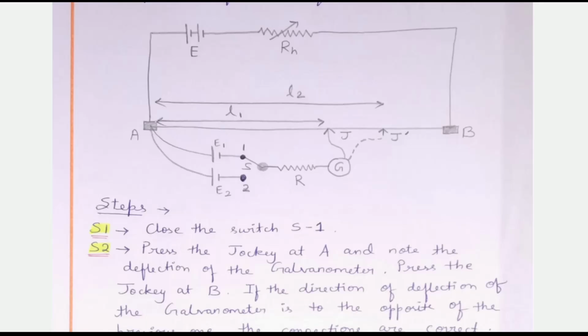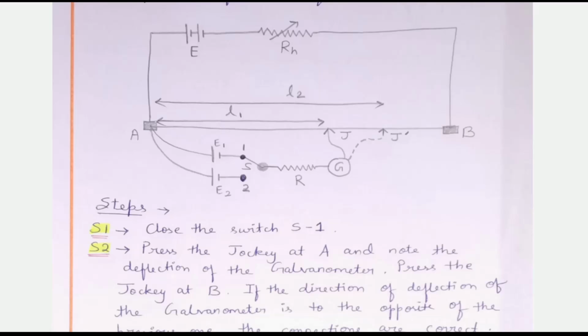Then, as we did in a meter bridge, keep the jockey at A, and mark the direction of deflection of the galvanometer. Now move the jockey to B, and mark the direction of deflection of the galvanometer.